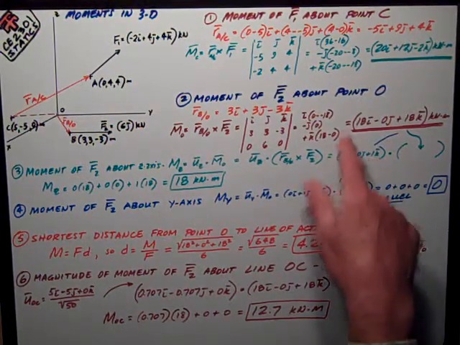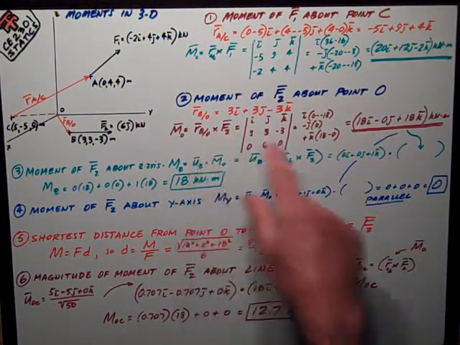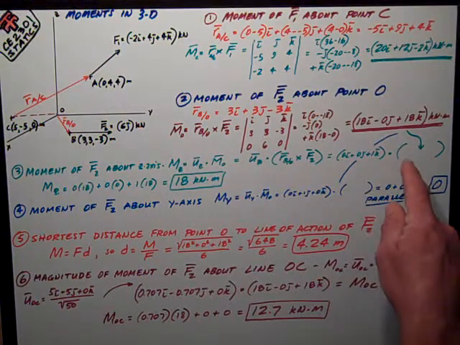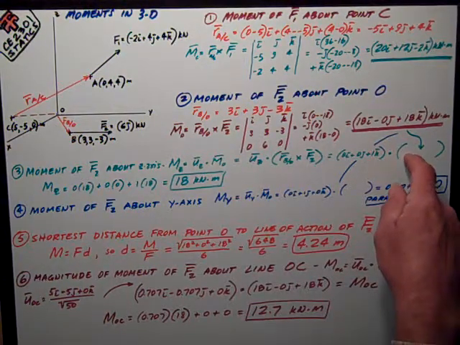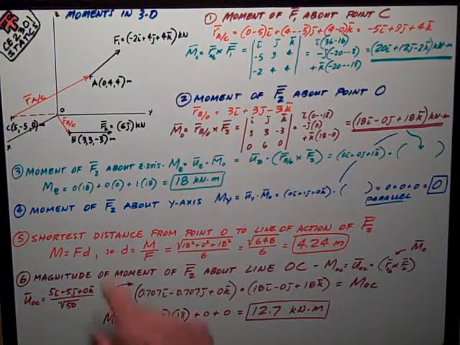I dot that with this moment up here that I got, the moment of force F2 about point O. And remember, when I do a dot product, I just multiply the i components times each other plus the j components plus the k components multiplied together.